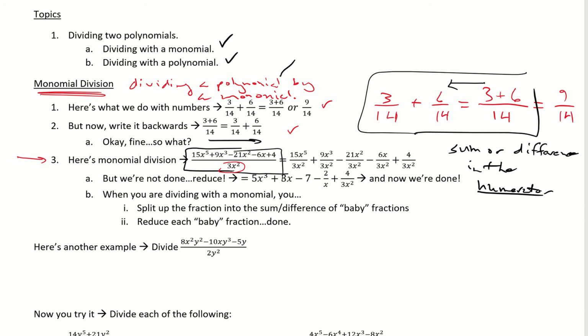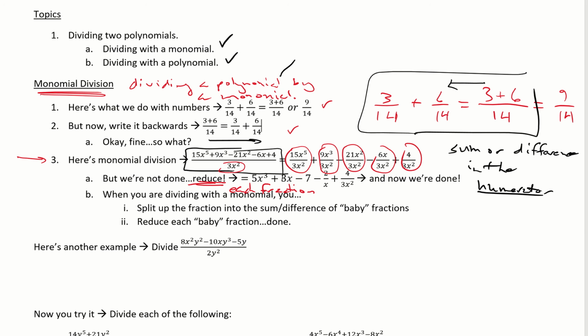We were doing some of the exercises yesterday in class and just going through them and showing how things reduce. The point is this: you split it up into so-called baby fractions. And after you do that, you reduce each fraction.